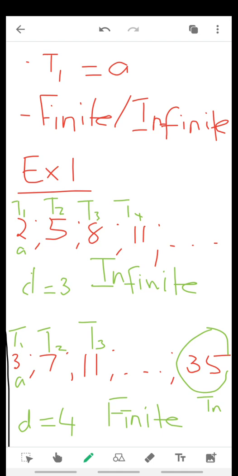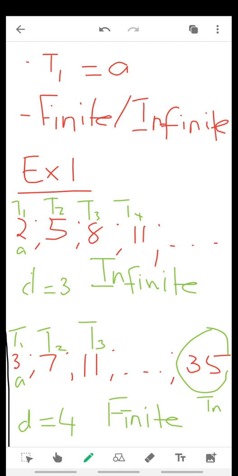How do we find our common difference? We said that will be T2 minus T1, or T3 minus T2, or T4 minus T3, or T5 minus T4, whatever, right? So when I look at my T2 minus T1, it is 5 minus 2, and I'm getting 3.